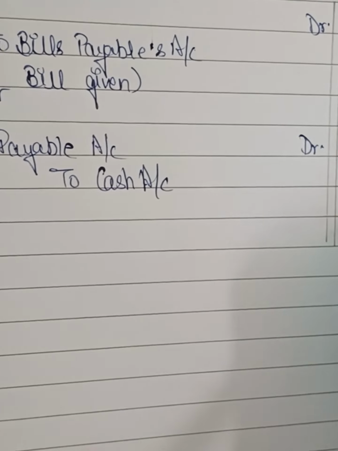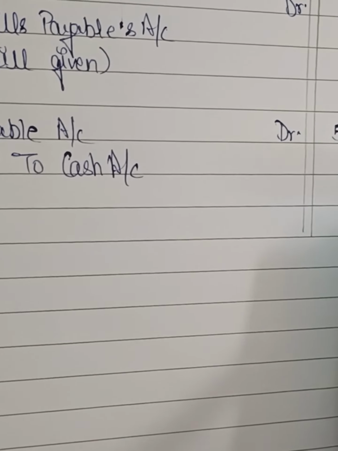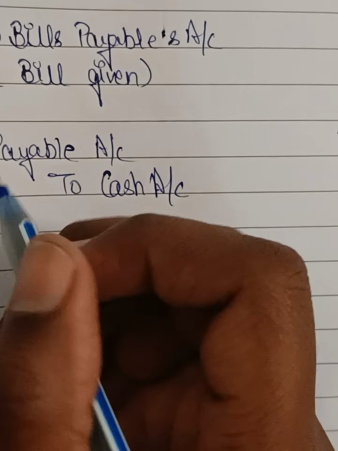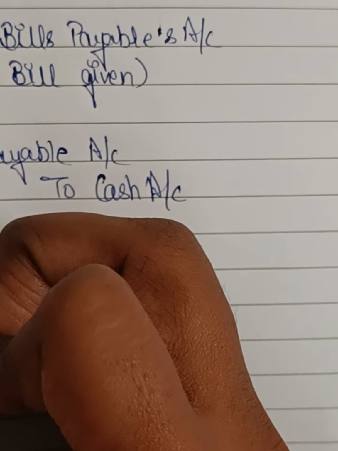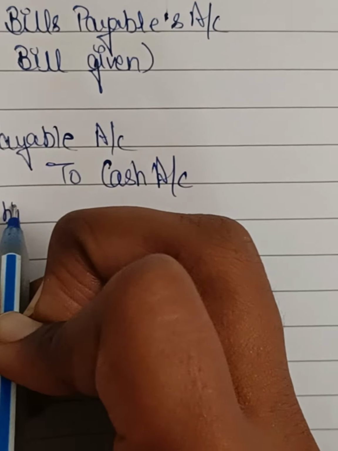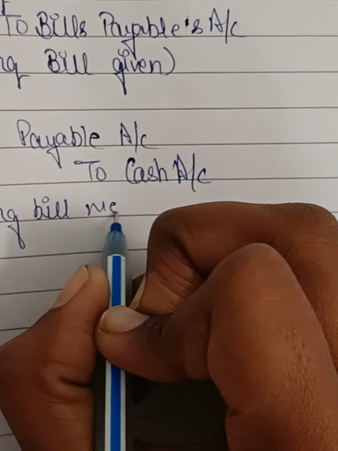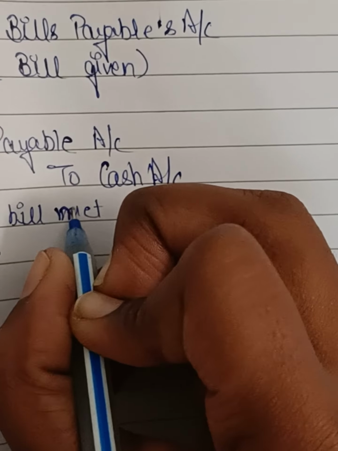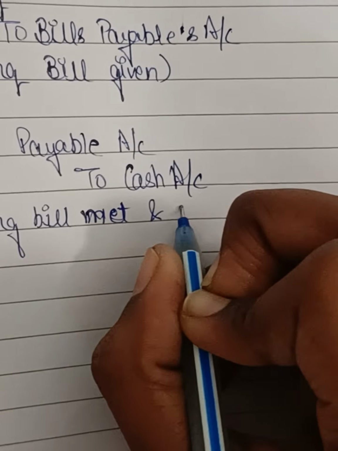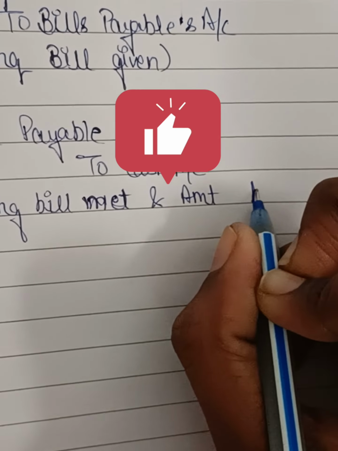Amount is 50,000. What will be the narration? Being bill met and amount paid.